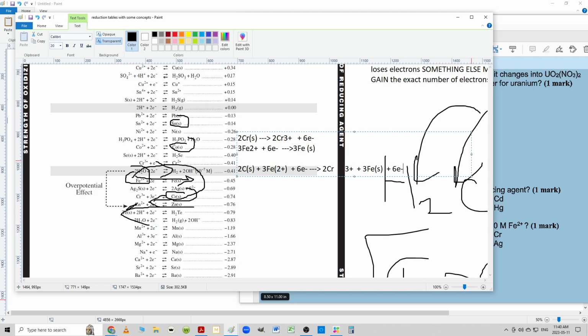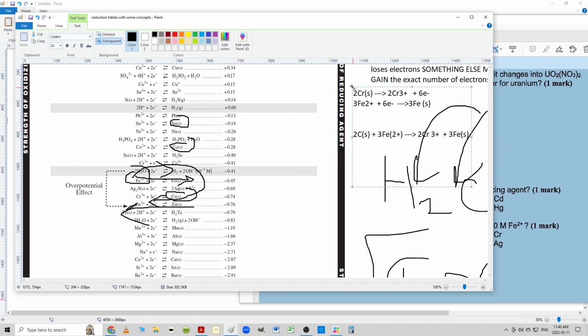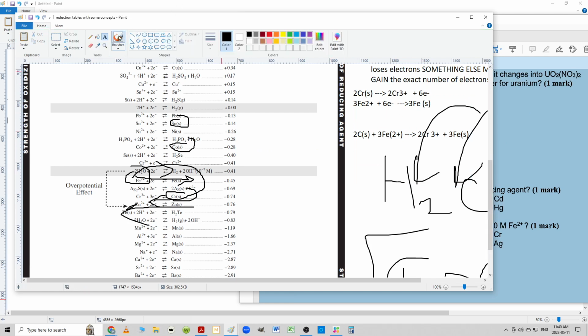Notice there's 6 electrons left and right, which means we can get rid of them. Anything that appears on the left and right, we get rid of. And this becomes the balanced reaction. Let's see if I can just put it in a whiter space. There we go. This becomes the balanced reaction.